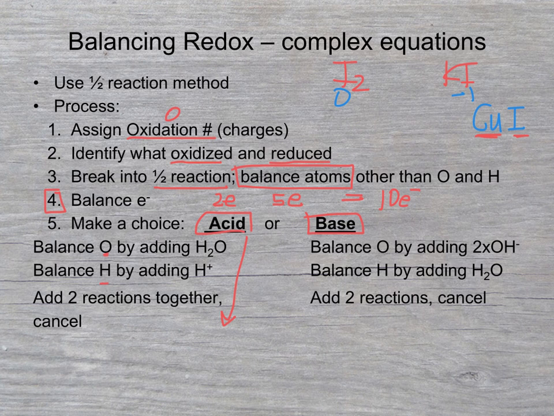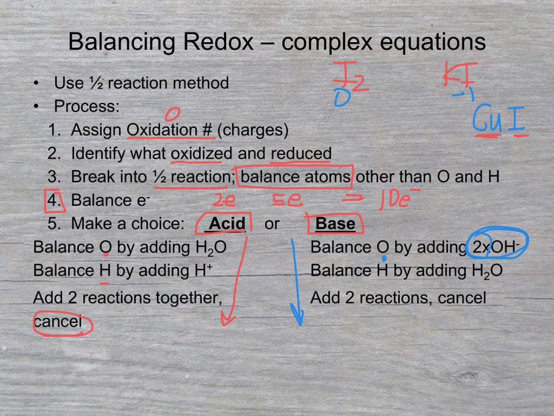You have to then add those two half reactions together and then cancel out the pieces that are on both sides of the reaction. If you're working with a base, you have a slightly different sequence. For the oxygens, you have to add OH, but in order to make it work, you have to add 2 times the OH.